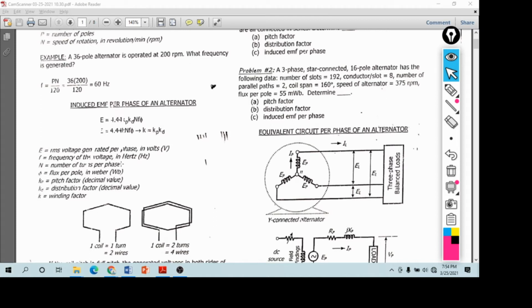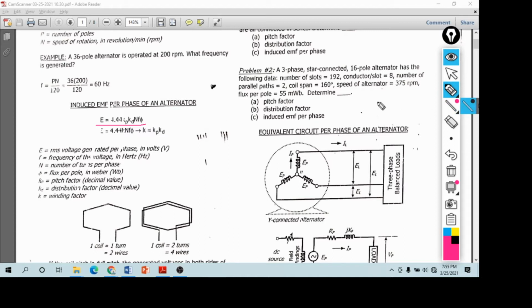Okay, as it rotates, it induces EMF. So this is per phase, since we assume that the generated EMF is in three phase. So this time, E is equal to 4.44 Kp Kd F times flux per pole, Φ. Okay, so this is derived. We are done discussing this one, where it came from.